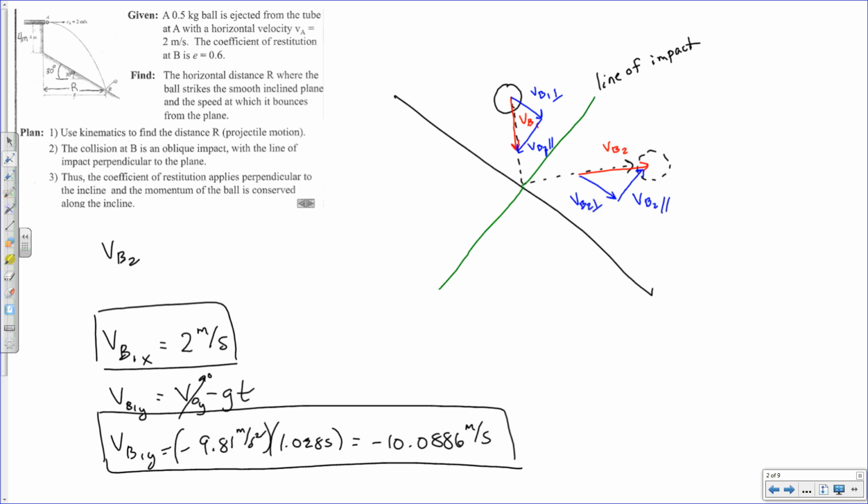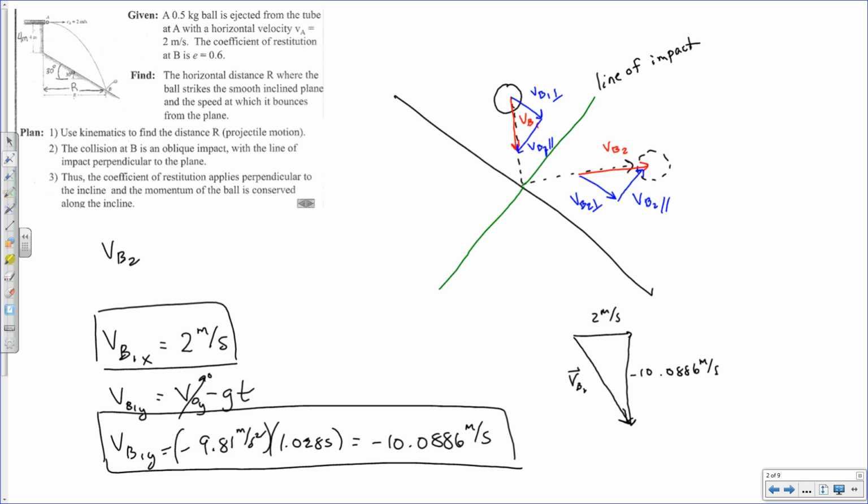So if I know that VB1 in the x direction is 2 meters per second, and in the y direction it's a negative 10.0886 meters per second, its resultant velocity will be the hypotenuse of this. This is the resultant velocity, VB1, we'll call it. And I'll put a little arrow there to remind ourselves that it is a velocity by itself.